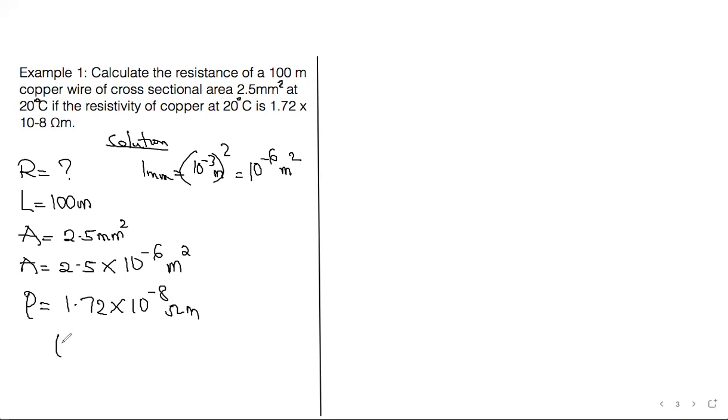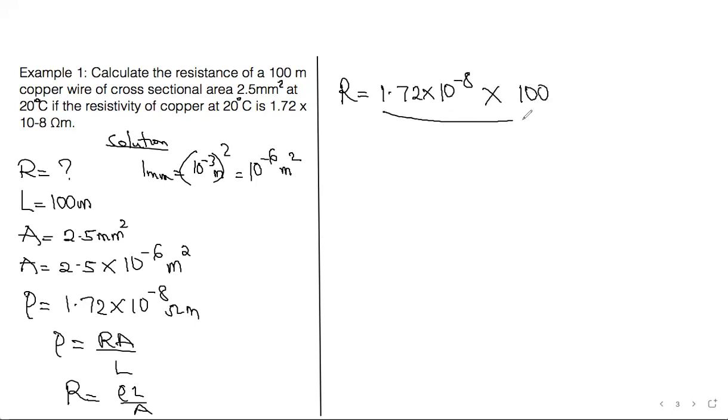So if you recall the formula for resistivity, rho is R A over L. So if I make R the subject, I'll have R as rho L over A. So if I substitute what I have, R will be rho, 1.72 times 10 to the power minus 8, times L, 100, divided by A, that is 2.5 times 10 to the power minus 6.